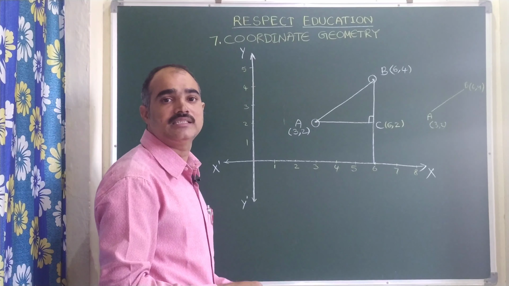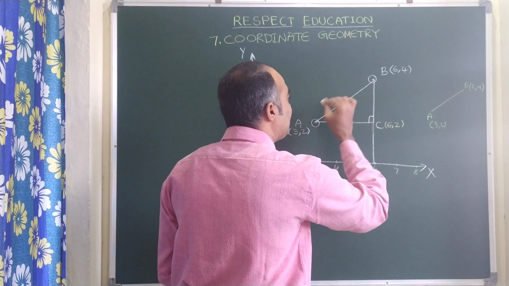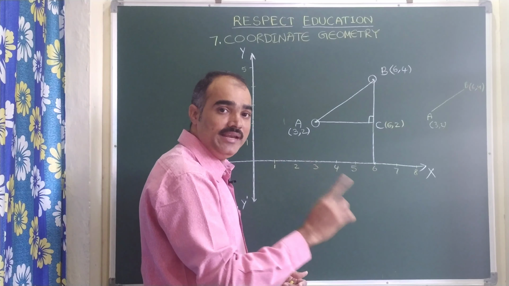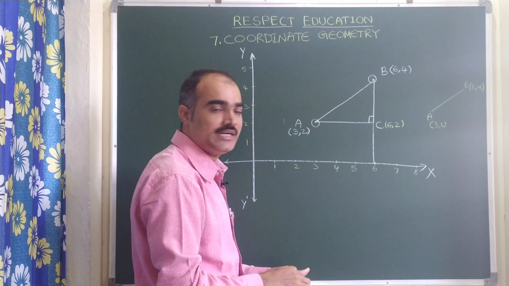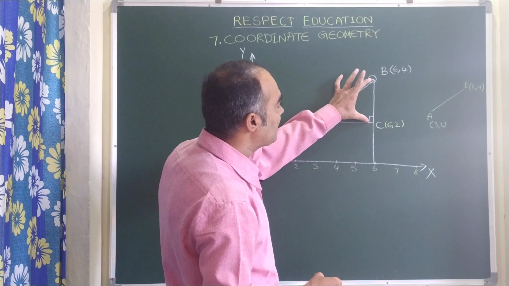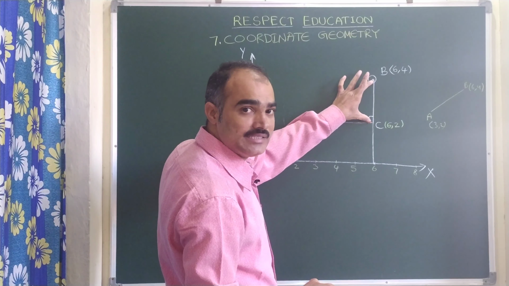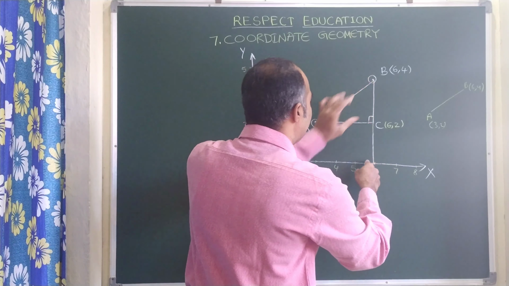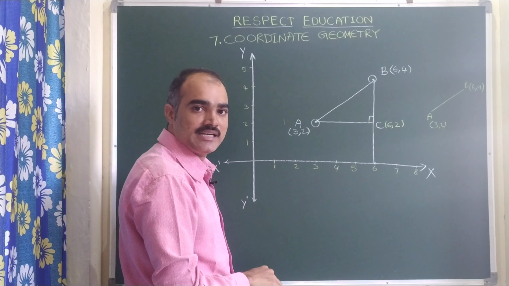Now for finding AB, that is the hypotenuse, we need the measurements of the other two sides. Can we say what is the distance between B and C? C is at the second point.